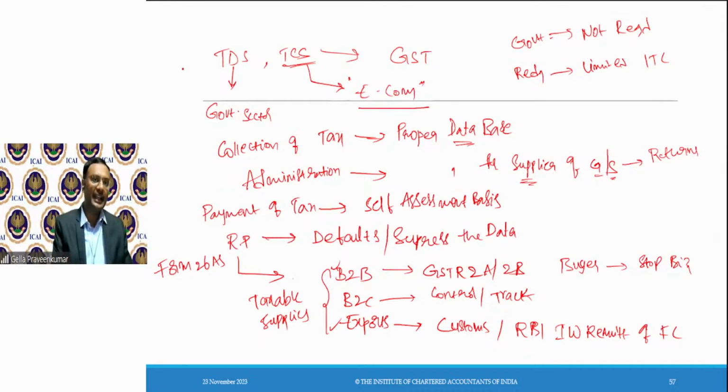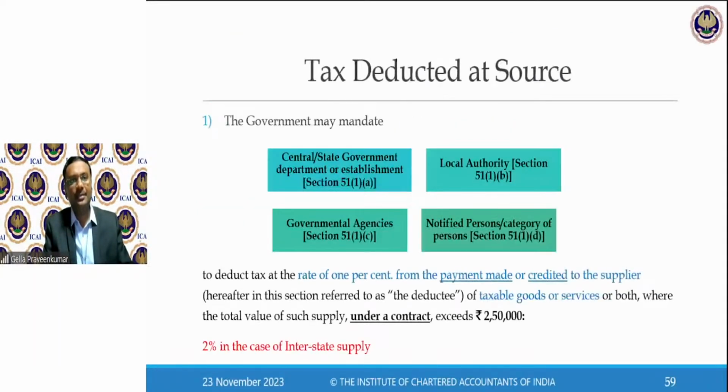Again, as a policy factor, the government brought TDS provisions into the picture. That's how these TDS provisions came in, where the government says that the central government, state government, a local authority, government agencies or notified persons in this regard.